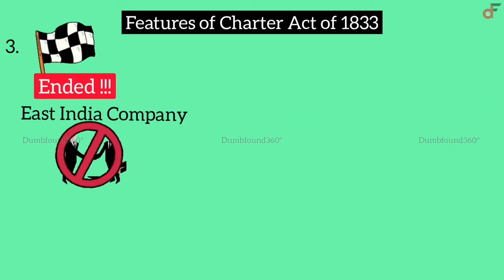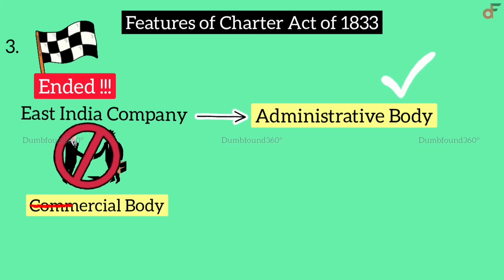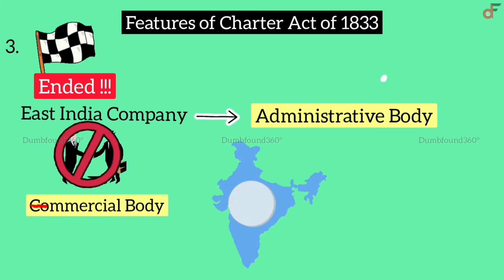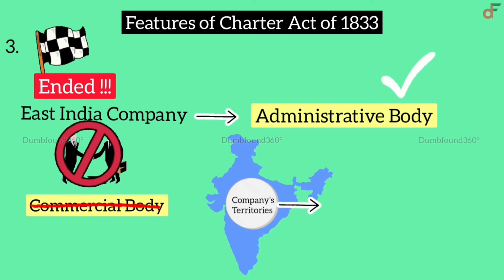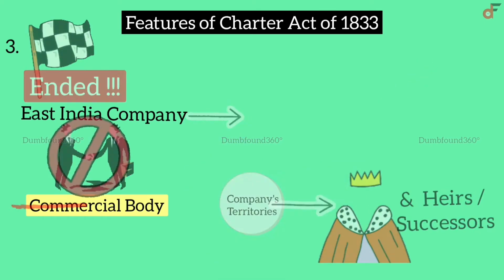3. It ended the activities of the East India Company as a commercial body, which became a purely administrative body. It provided that the company's territories in India were held by it in trust for His Majesty, his heirs and successors. 4.